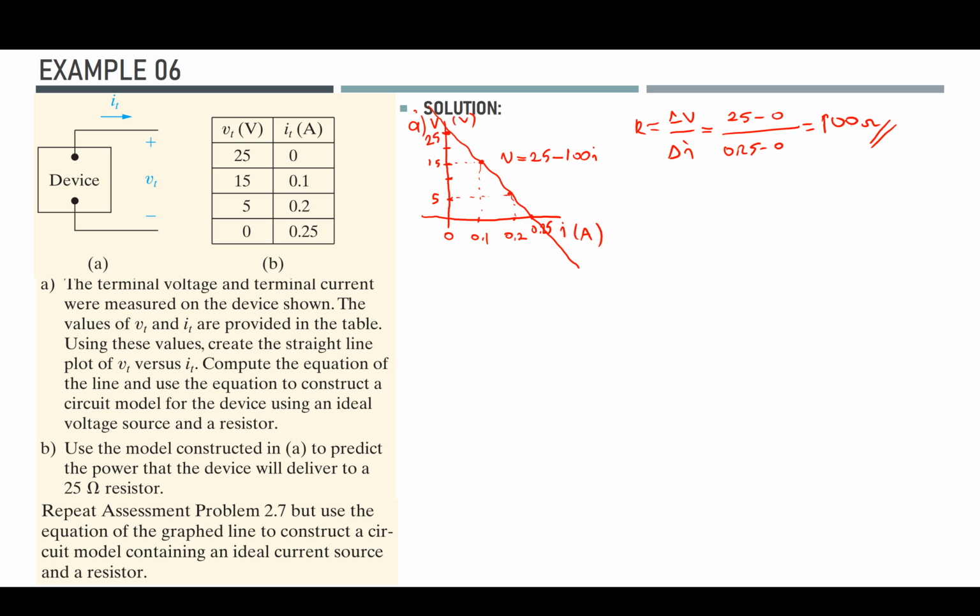So from here I can create a rough model for this device. I have a voltage source, and I have a series-connected resistor which is 100 ohms, and this is 25 volts, and this defines the VT basically.